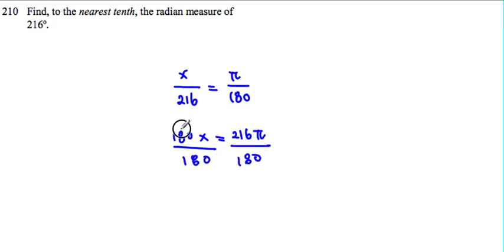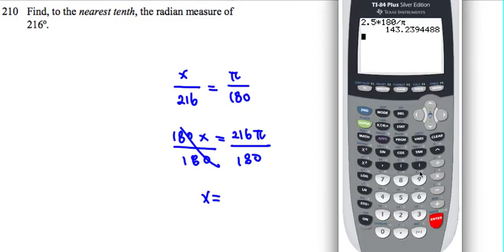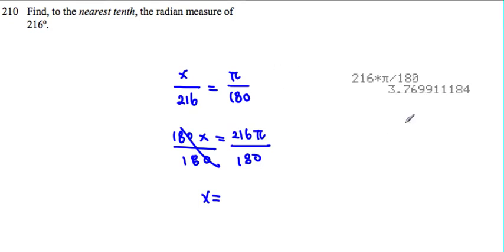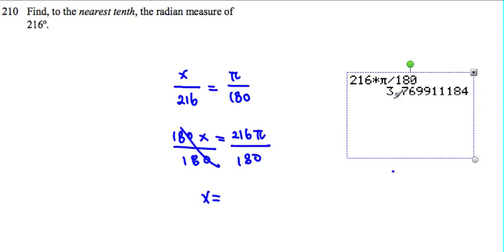Let's look at it. x equals 216 times pi, divided by 180. Then to the nearest tenth, that becomes 3.8 radian measure.